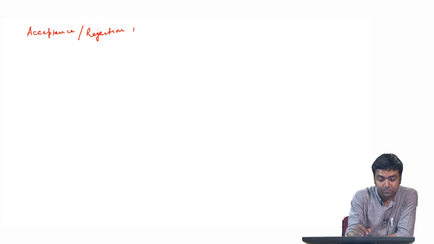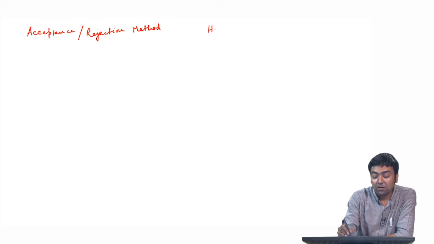One such method which helps in improving the sampling is called the acceptance rejection method. It is also called the hit or miss method.